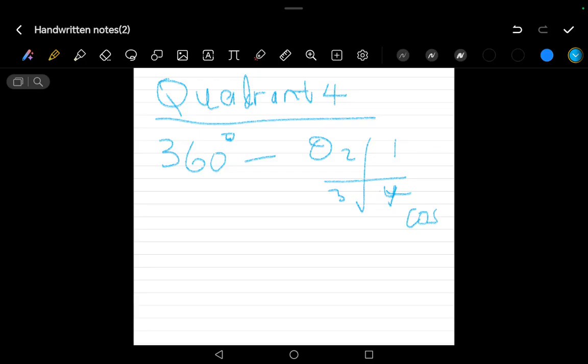Great. And then sine 360 minus theta is going to be a negative sine theta. Do you understand? Because it's going to be on the third quadrant, it's reducing.